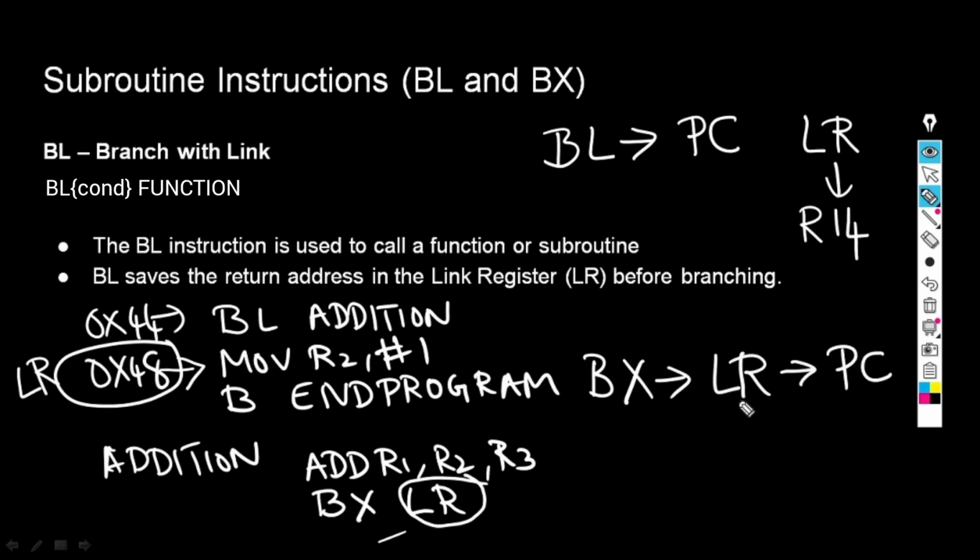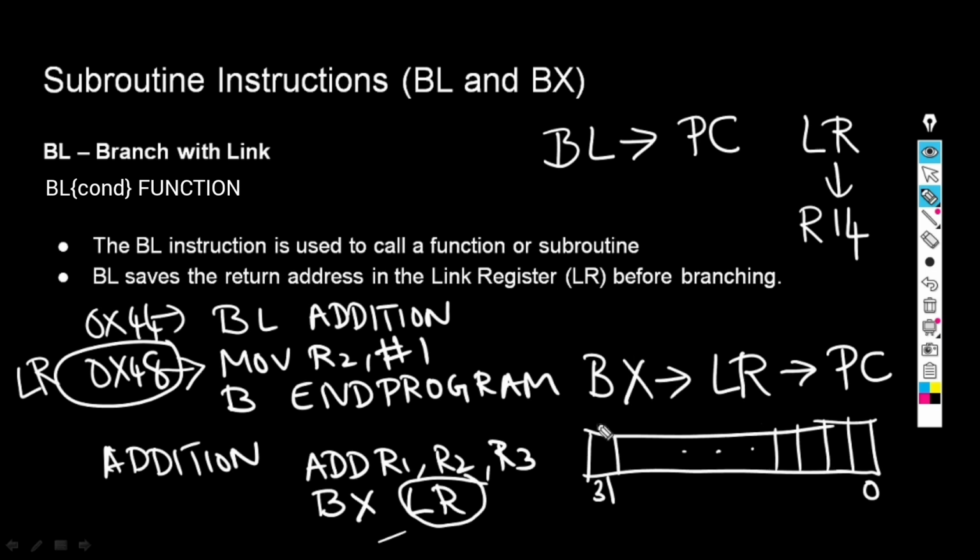One more thing that it will do is, obviously it's 32-bit data, correct? So you know there are 32 bits here, right? One more task that BX does is it will check what is stored in the 0th bit of LR. If this bit has a value 0, when it returns, the set of instructions expected here are ARM instructions. If the bit stored here is not 0 but is 1, then what do you think should happen?